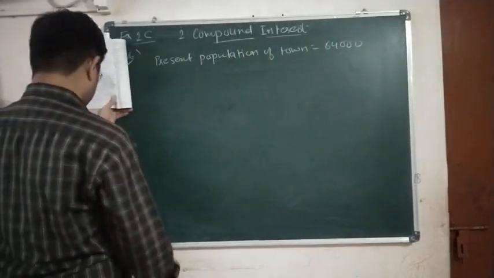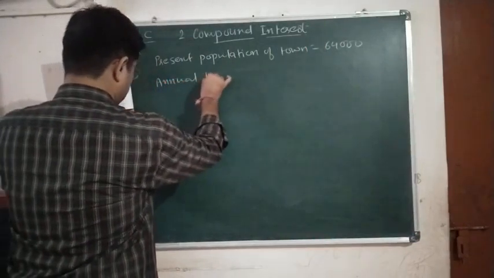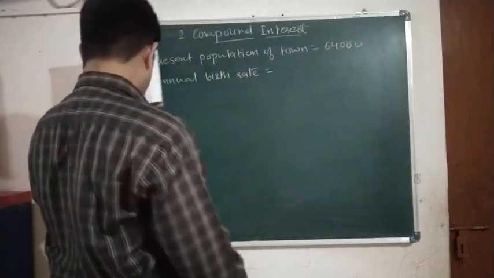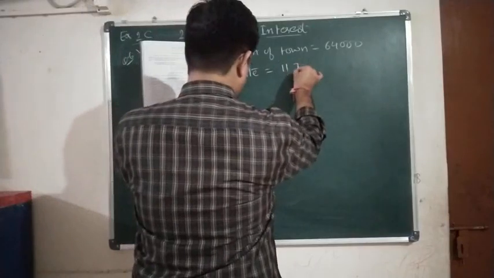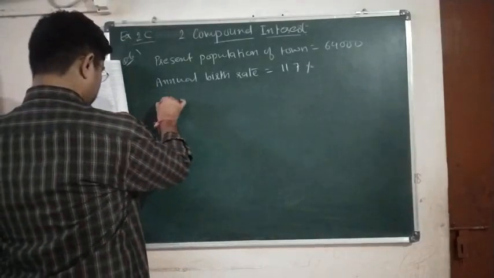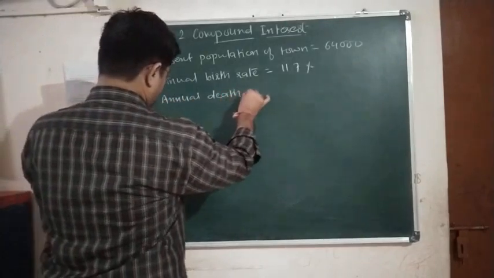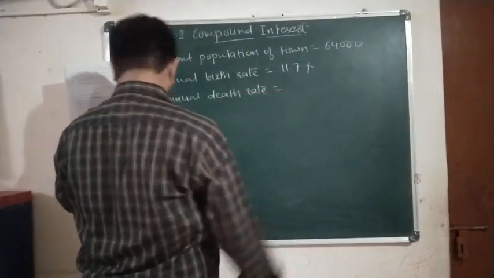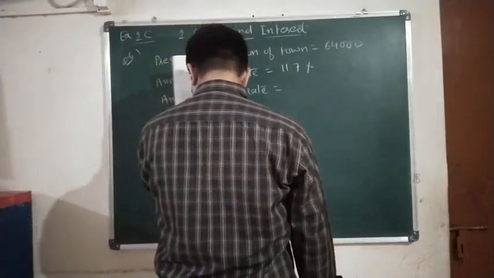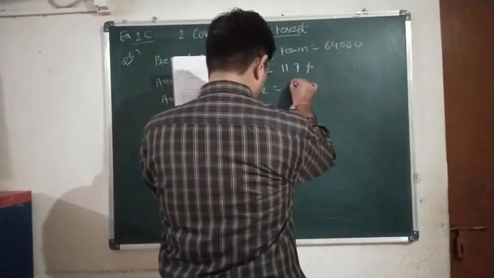Annual birth rate is given to be 11.7% and annual death rate is given to be 4.2%.